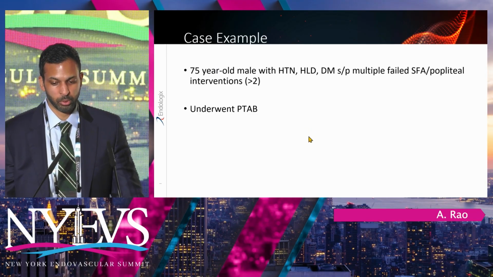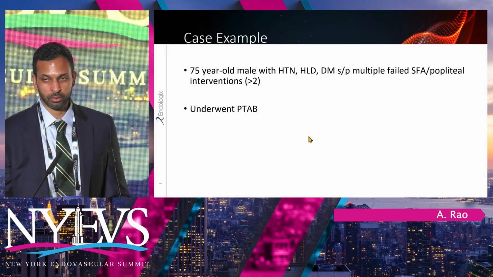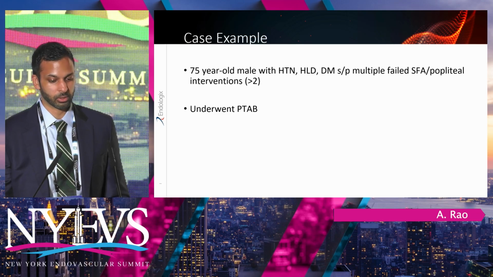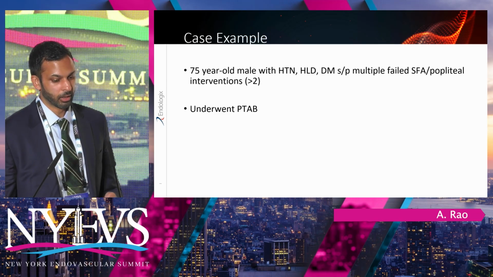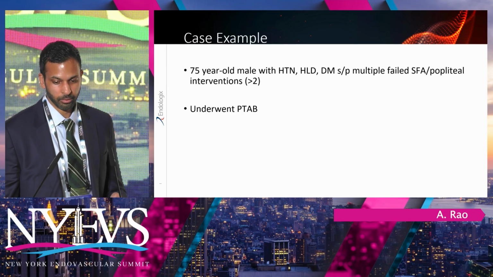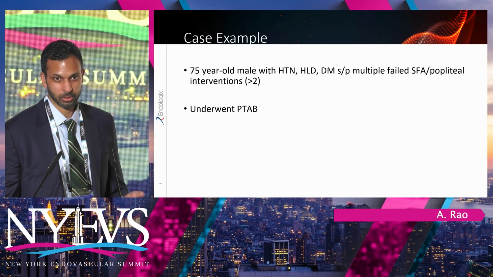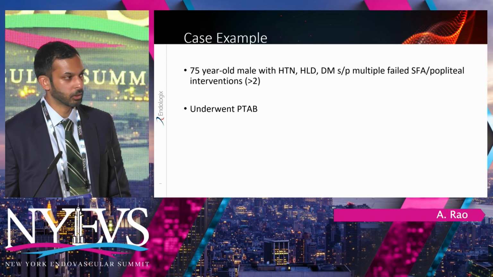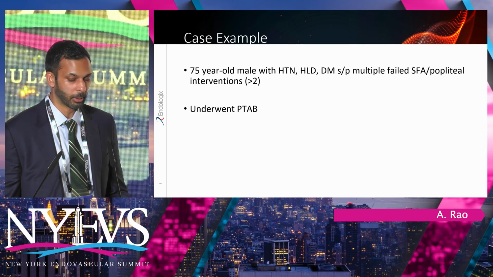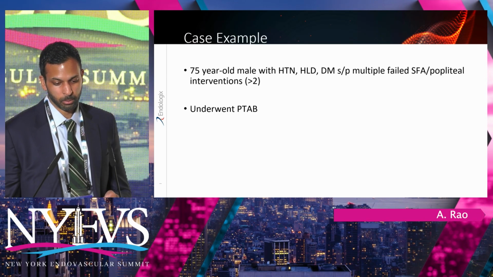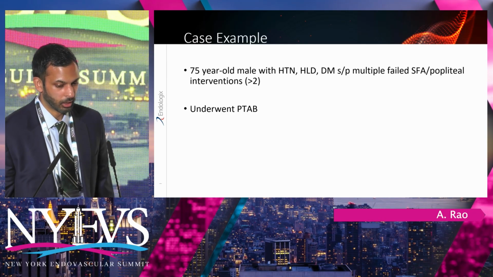At this point, with multiple failed endo interventions, you have to think of something else, right? If there's no reason you can identify why your intervention keeps going down, you don't want to do the same thing. So typically, if I had a patient like this before PTAB, I'd be talking about surgical bypass. But now PTAB adds another option.